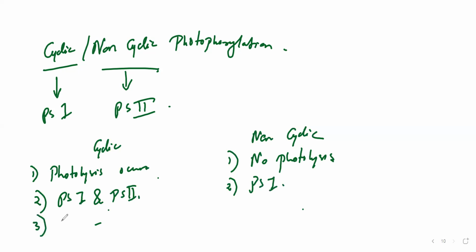Here because it's cyclic, the electrons are cycled, and here they are not cycled. Okay, then the fourth one.